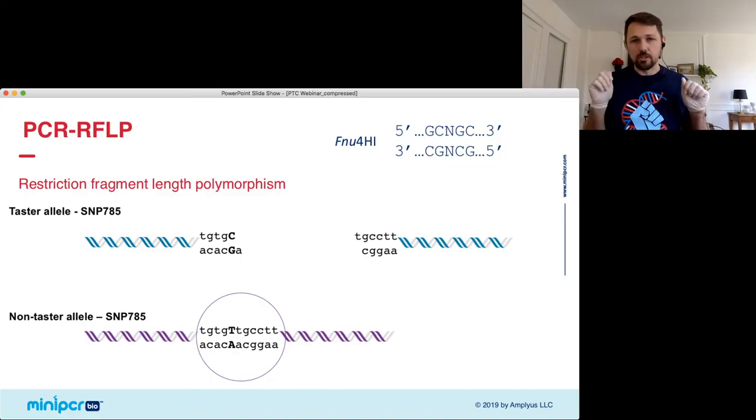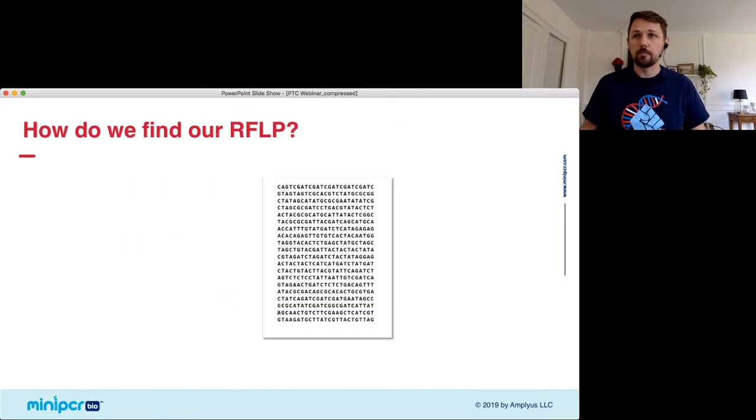But it just happens that it cuts in this spot. We're lucky that it does because we can use this to genotype. We're not that lucky. There are hundreds of restriction enzymes, so quite often, but not always, when you find polymorphisms, there is a restriction enzyme where the polymorphism will be part of the recognition sequence.